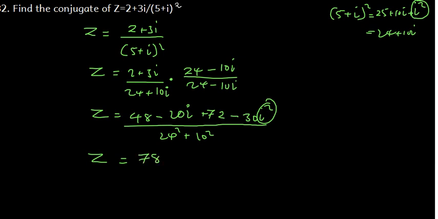Well, this one was supposed to be 72i, since we multiplied that with that and then this by that. Yes, it's supposed to be a 72i because we multiplied 3i by 24.